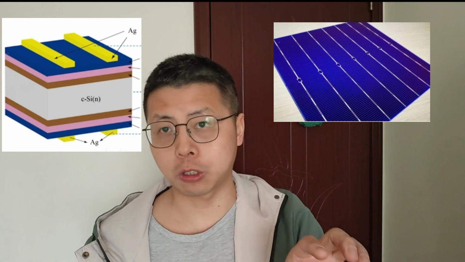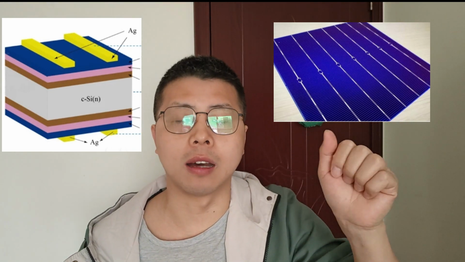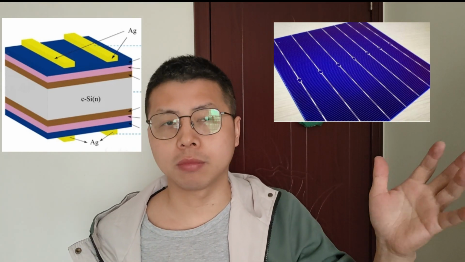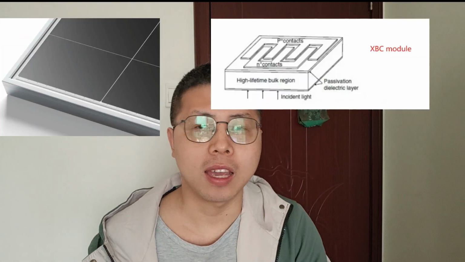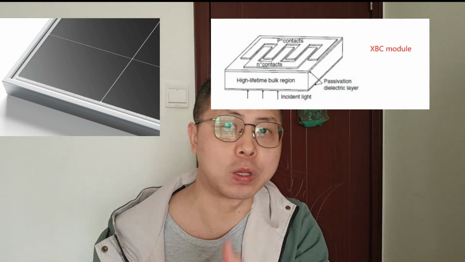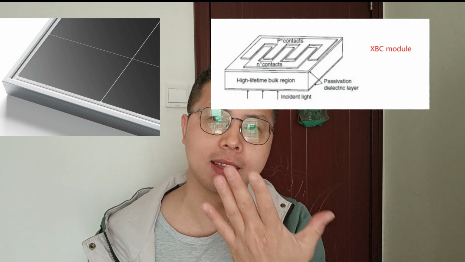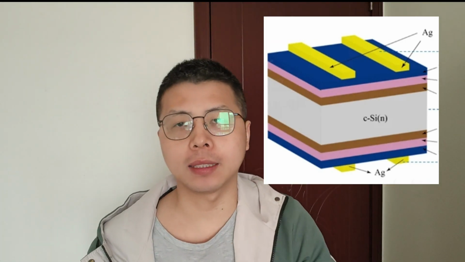If you have seen a solar module, the back side and the front side have silver. But if it's a BC module, you cannot see the silver. Why? Because all the contacts are put at the back side. So we call it a back contact, while TOPCon has contacts on the front side and the back side.